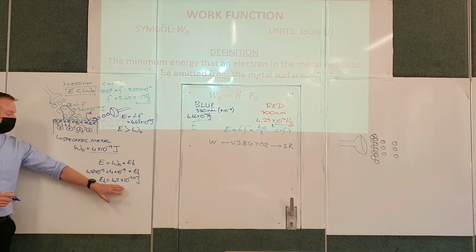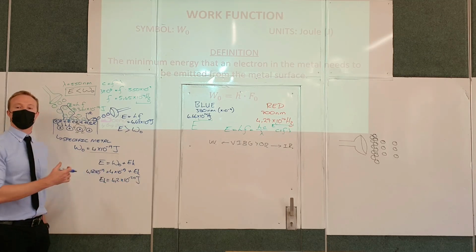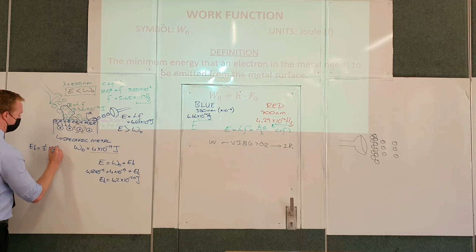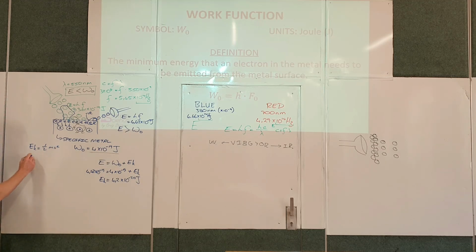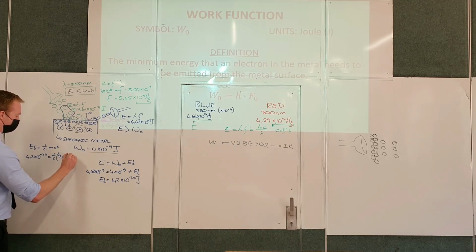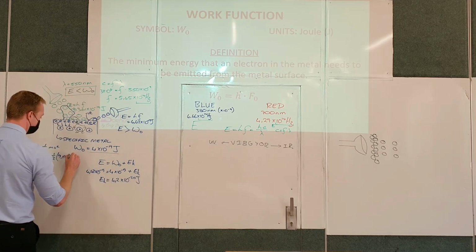It can then go further than this, where we say, well, that's the kinetic energy. How fast is it actually going? And we use the formula Ek is equal to 1/2 mv squared. This formula is given, where Ek we've just worked out as 4.2 times 10 to the negative 20. The mass of an electron is given as 9.11 times 10 to the negative 31 kilograms.